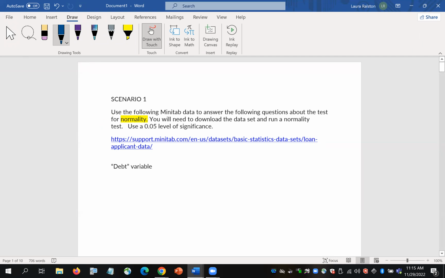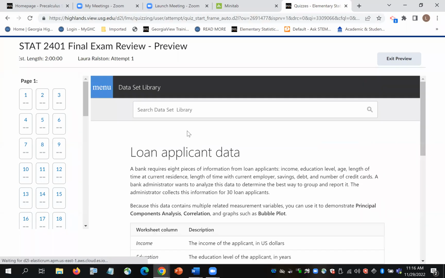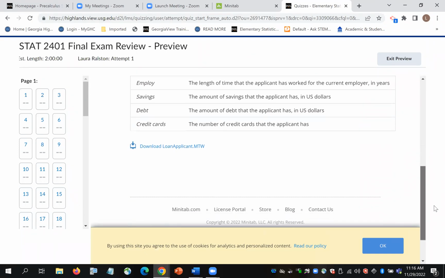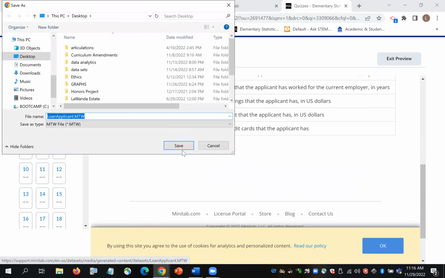So I'm going to try to click on this link. I may have to go out to Minitab to do it, or into the course to do it. Okay, so I would click on this data set, and it's about loans, and I have to download it, but it's a Minitab file. So I'm just going to download it, but I'm not going to try to open it.